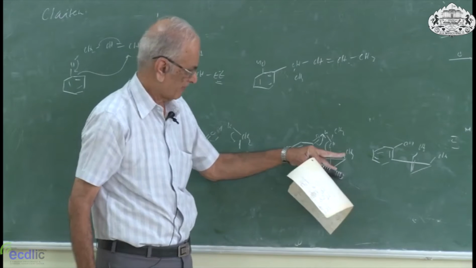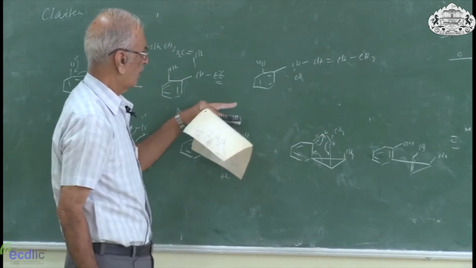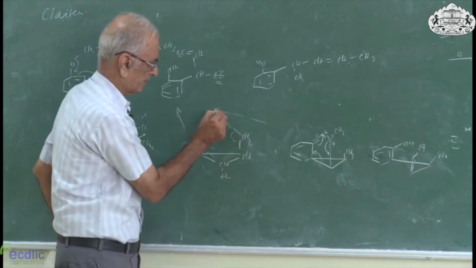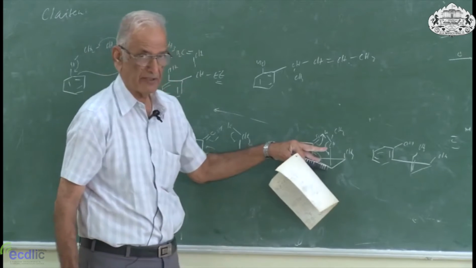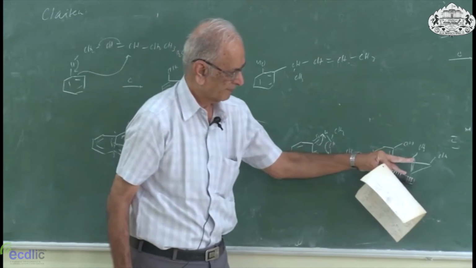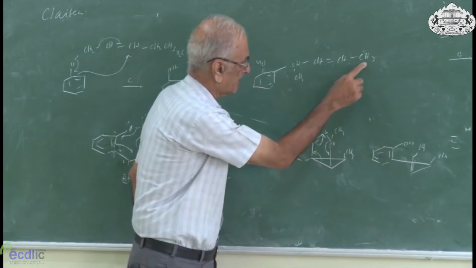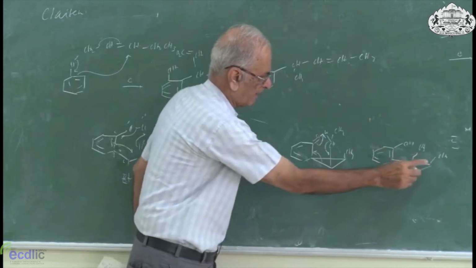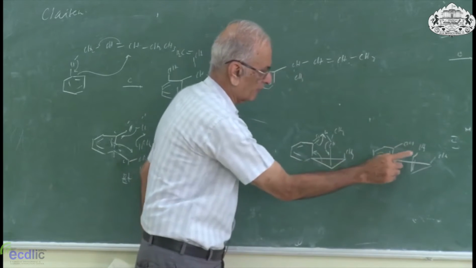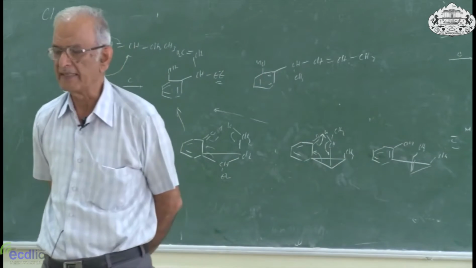If I pick up hydrogen from here, I go back into this. But if I pick up hydrogen from here, I now have CH double bond CH CH3. So one carbon has a methyl group, the other carbon has an ethyl group.